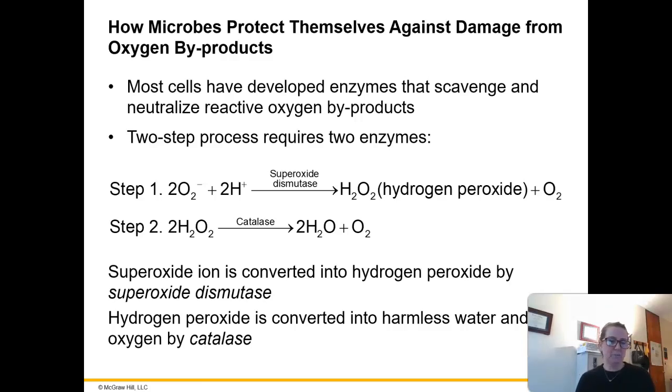Then we take the hydrogen peroxide, which is very toxic to cells, and convert it to water and oxygen. And that O2 has all of its electrons freely paired, so it's O2, and in this form it is not reactive. So catalase is going to break down hydrogen peroxide to water and oxygen.